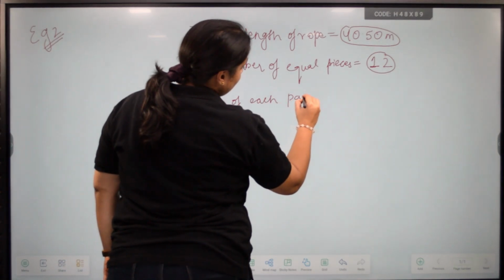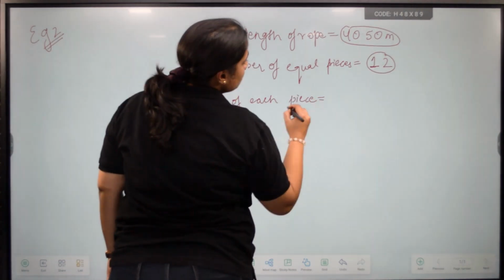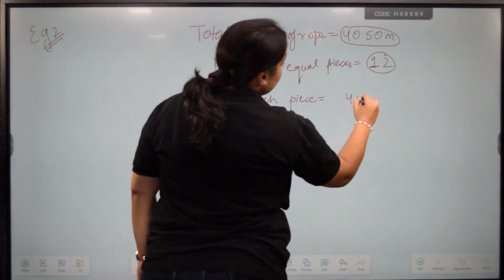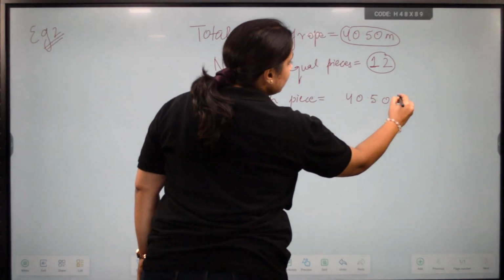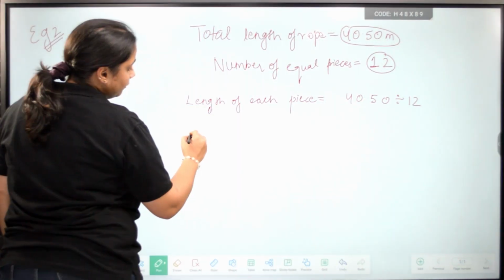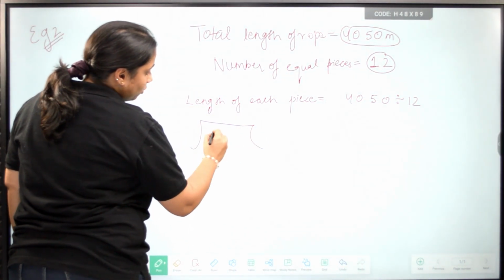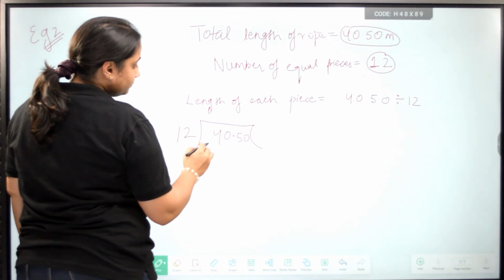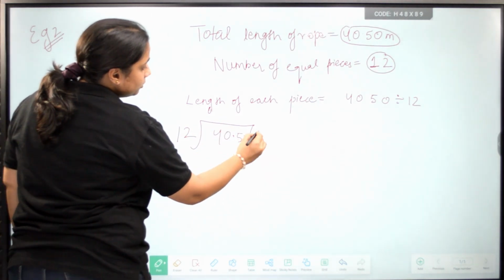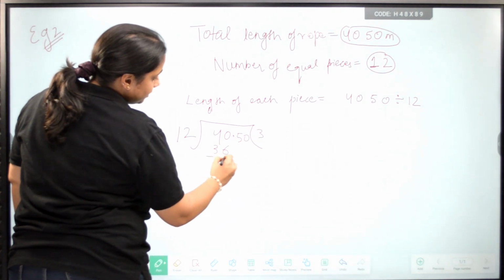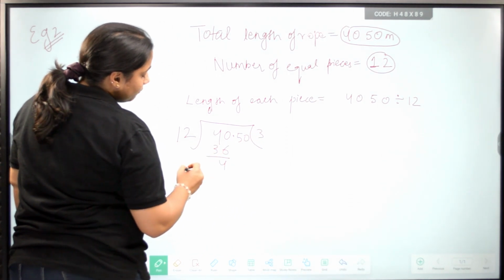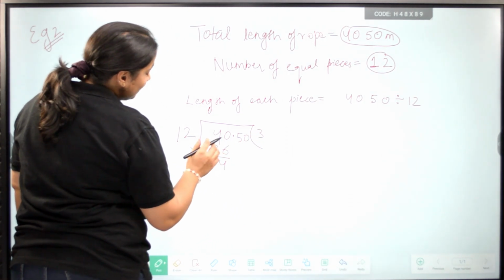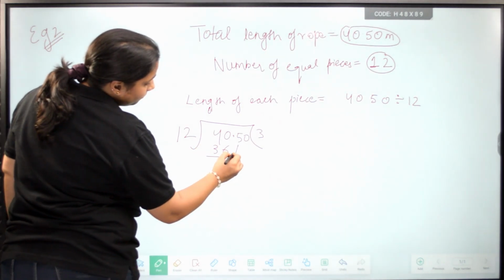Length of each part or each piece is equals to 40.50 divided by 12. It will be done like this. 12 into 3 is 36. We will be left with 4.